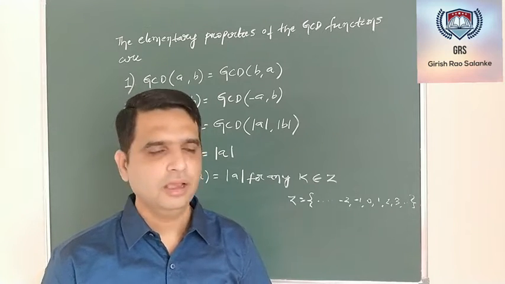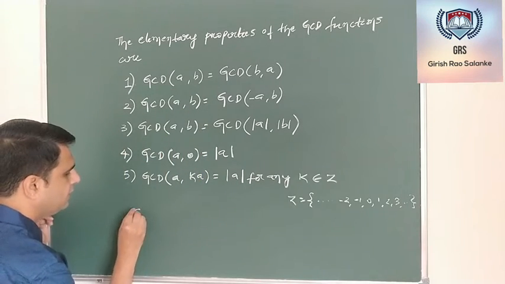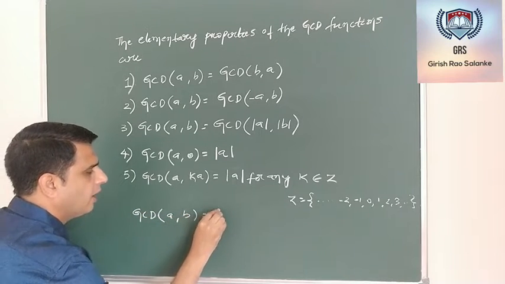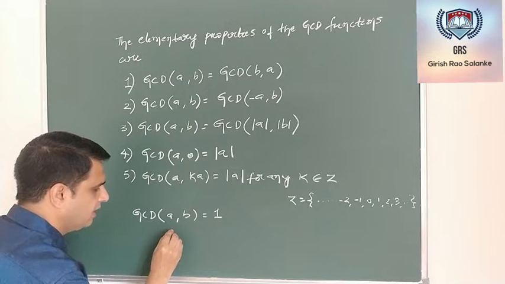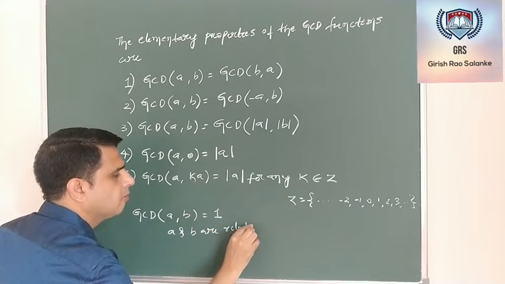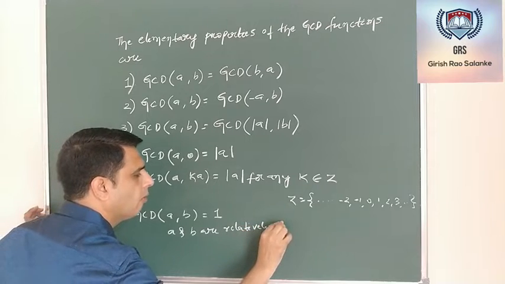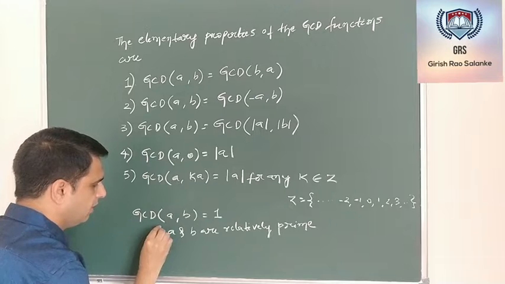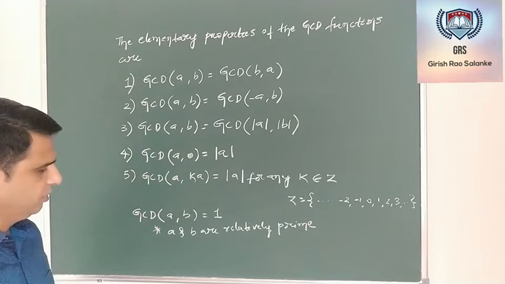And one more thing: if the GCD of two numbers A and B is 1, then we say that A and B are relatively prime. Please note that this is also very important with respect to the RSA crypto system.